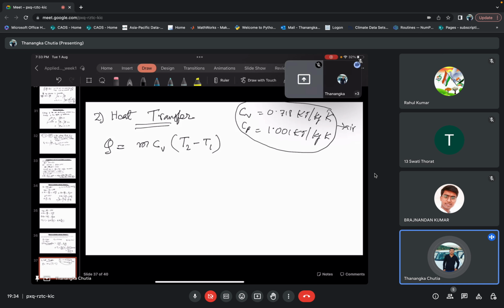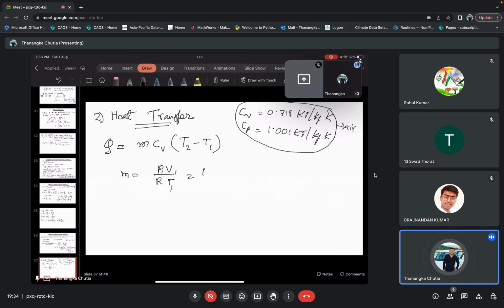Okay, so is your mass given? No, you have to calculate the mass. How will you calculate the mass? Your volume is given, m = PV/RT, so P1 V1 by R T1. If you do this, you will get it.